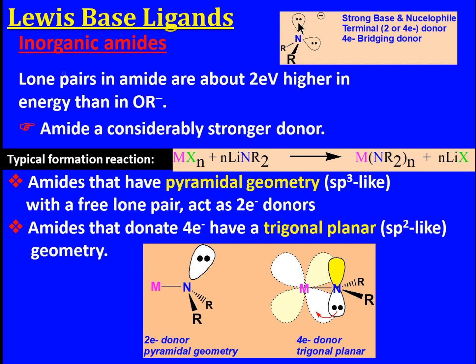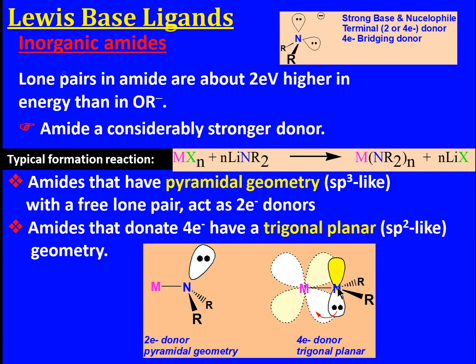When the amide is a 4-electron donor, 2 electrons from the first lone pair and 2 electrons from the second lone pair, it changes the geometry of the R groups with respect to the nitrogen, and in this case we have a trigonal planar geometry.